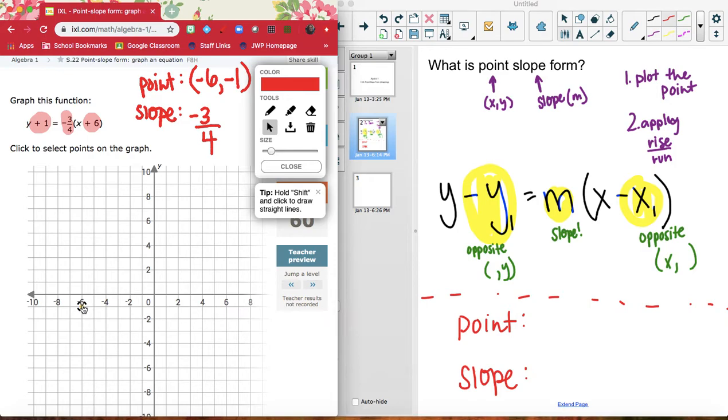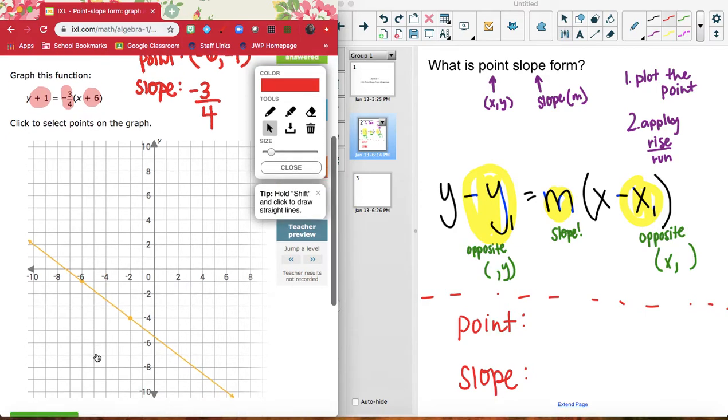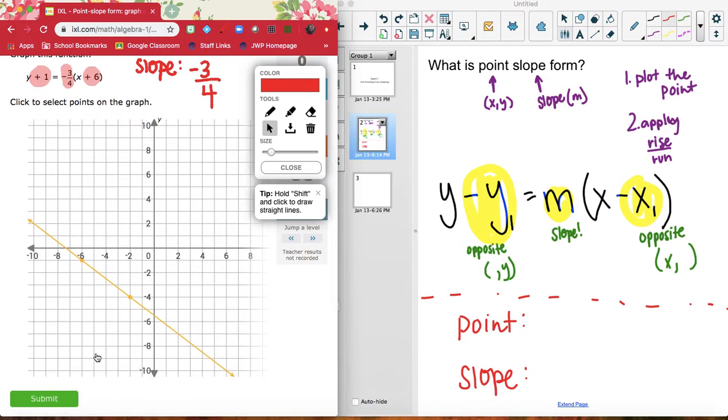From this point I just plotted, I'm going down 3, so 1, 2, 3, over 4. Remember, over is always to the right. 1, 2, 3, 4. Once I have 2 points, you connect them up and extend them on forever. And that is the graph of y plus 1 equals negative 3/4 times (x plus 6).